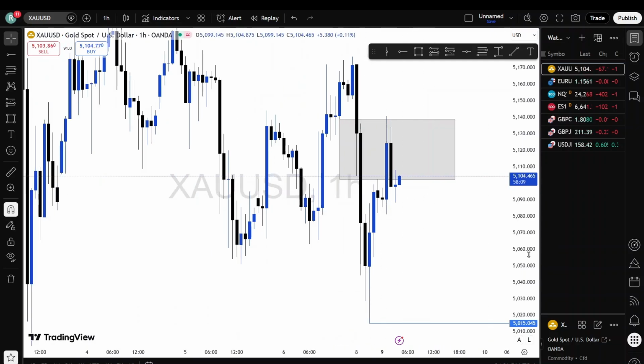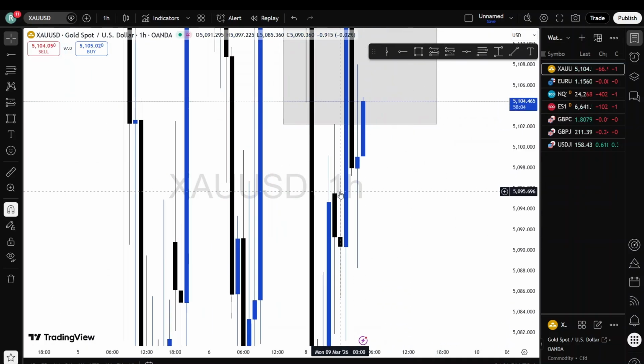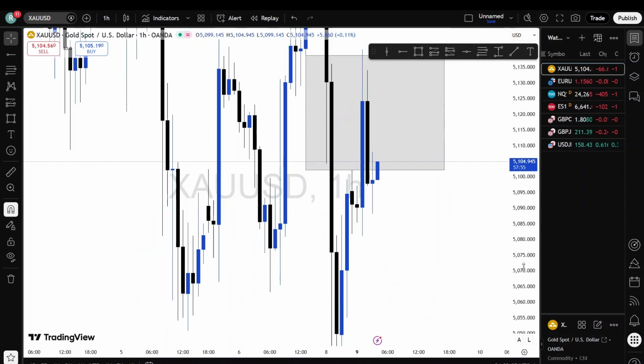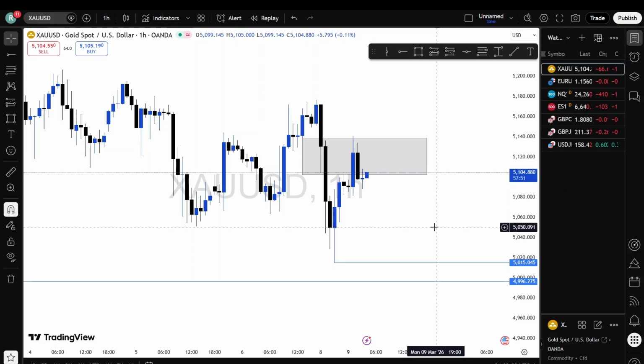Let me see if this is the smallest FVG. The low is 97.220. The high is 97.225. No, there is no FVG on the 1 hour buying side as well. Okay, so the 1 hour time frame bias is still bearish.